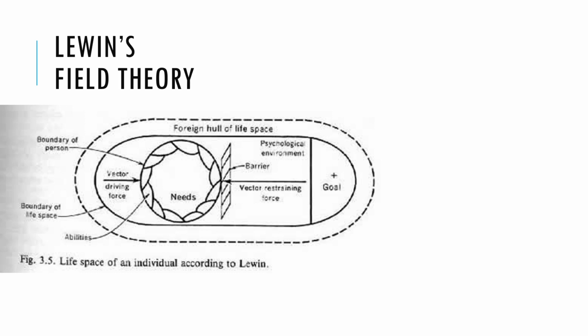So first off, all around in that oval shape, we have the foreign hull of life space. This would be the part of the environment that surrounds the individual, but is not part of the individual. So that's what he means by foreign. It's foreign to them. It's separate from them, but it's part of their life space.